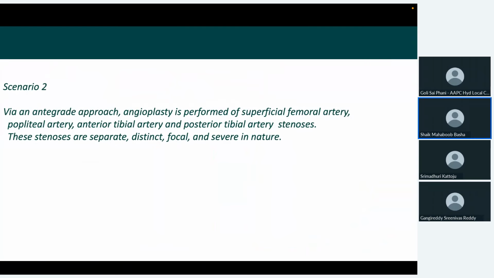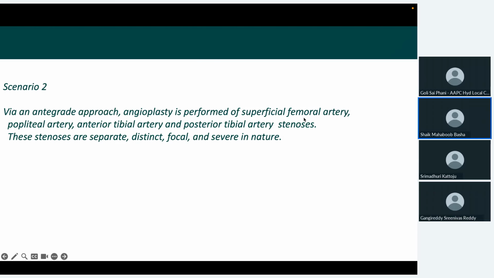Then the second scenario: via an antegrade approach, angioplasty is performed of the superficial femoral artery, popliteal artery, anterior tibial artery, and posterior tibial artery, which have stenosis. Total 4 arteries.